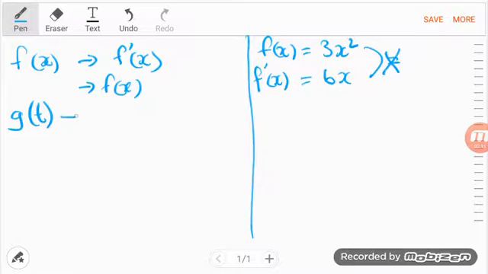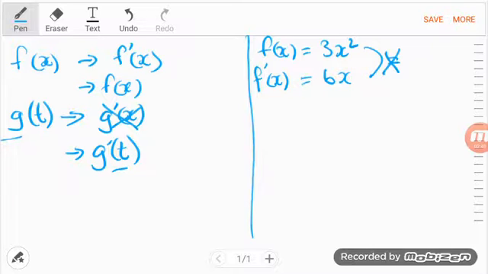Similarly, when we do g of t, we do not write g dashed of x just because we're used to working with x's. We need to say g dashed of t. Okay? Because t is our main variable that we're using, and g is what we've called that function.